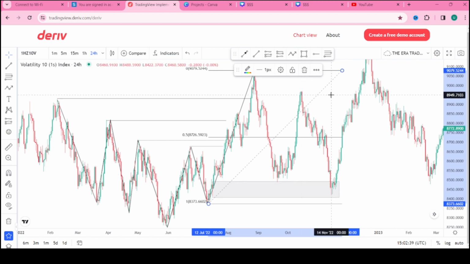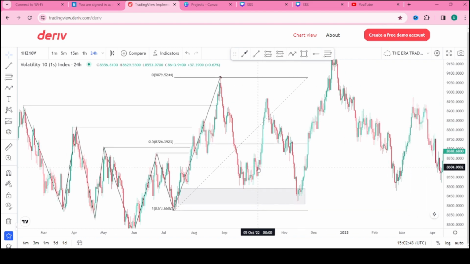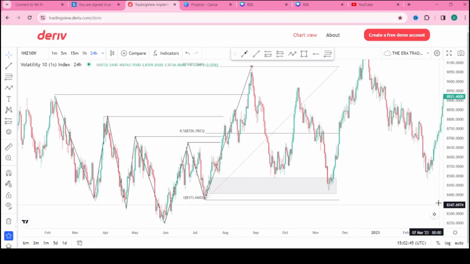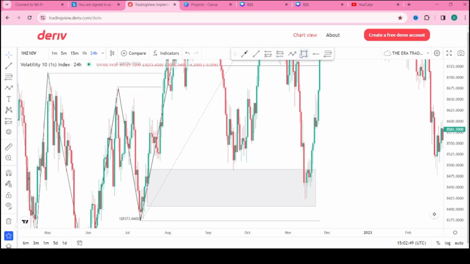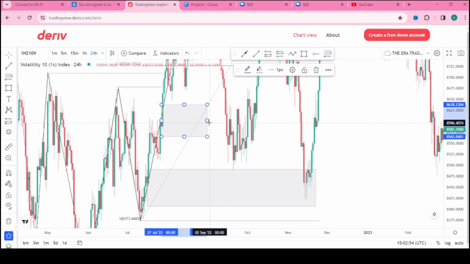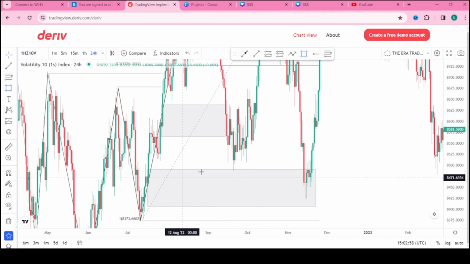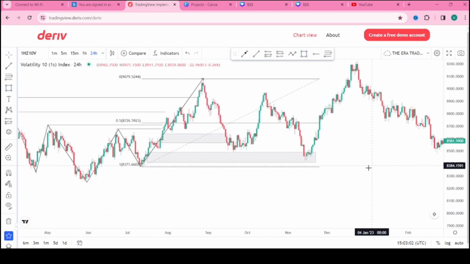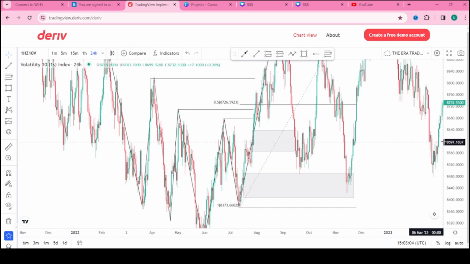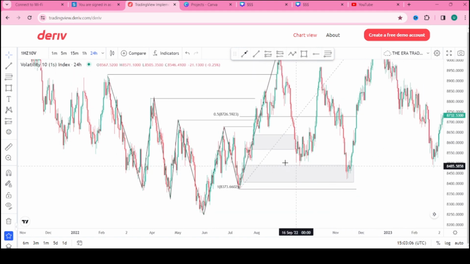So this is the region, and for our order block, we could see that this one here has not been mitigated, so you draw this and this. Those are the two valid order blocks. You wait for price to come into those regions, and you buy from there.